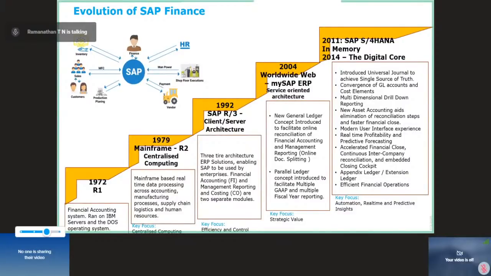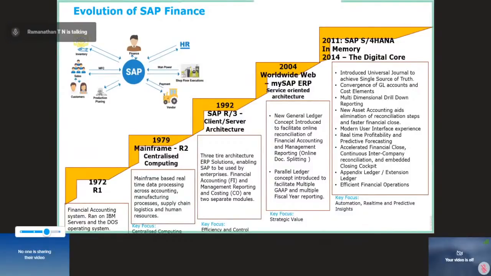From 2011 onwards, SAP started leveraging the HANA technical innovations, which essentially build analytic applications on top of transactional processing applications.